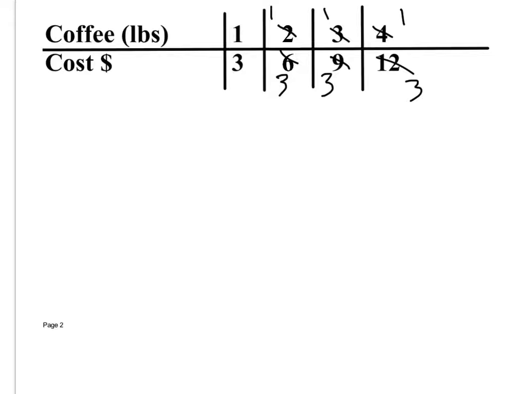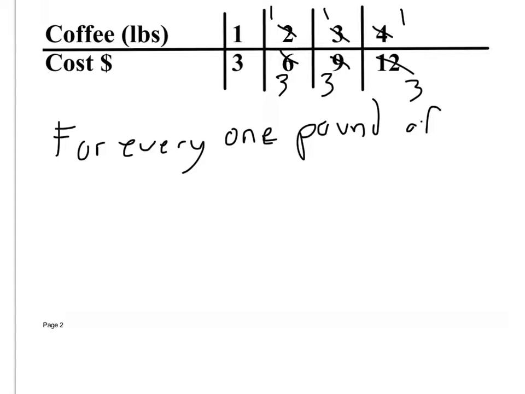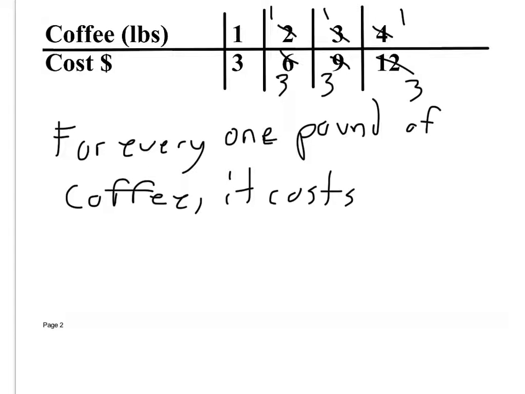I require at least one sentence explaining if this is proportional or not. If it is, this is what I would say: for every 1 pound of coffee, it costs $3.